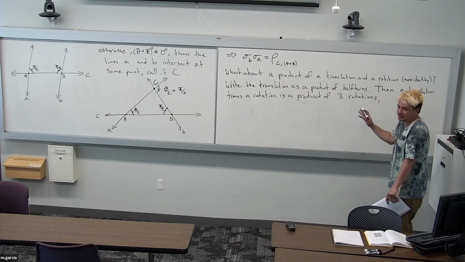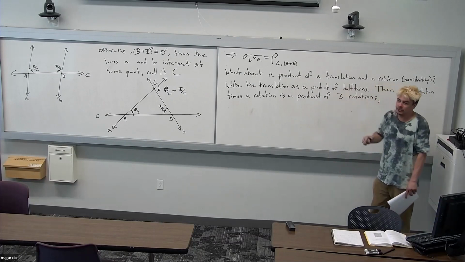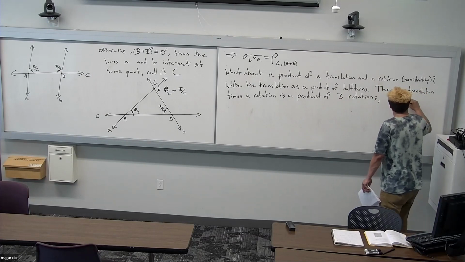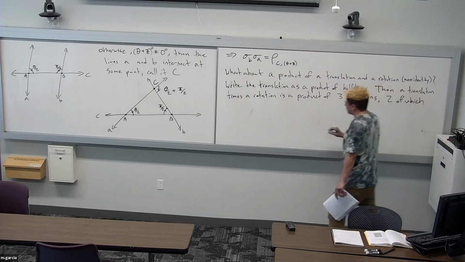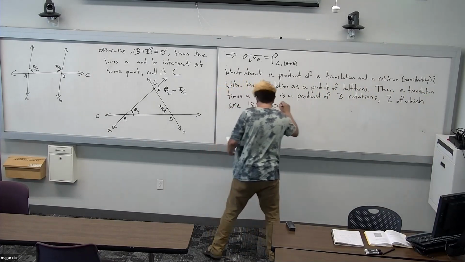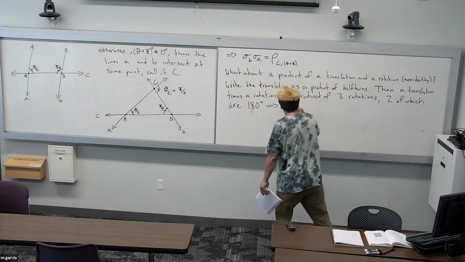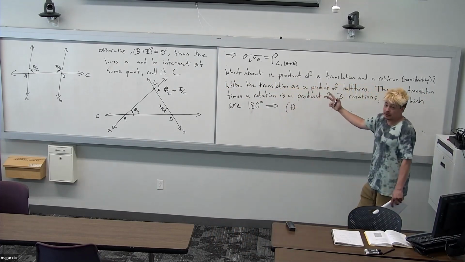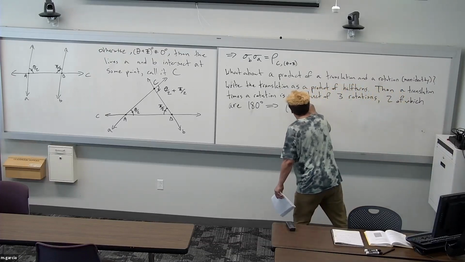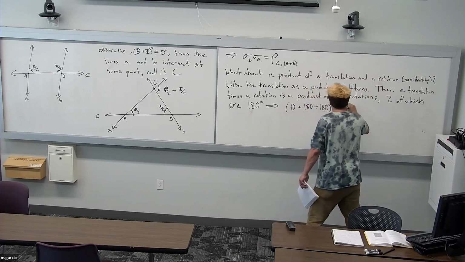And it's a particularly easy case because we know that half turns are both rotations of 180 degrees. So by the angle addition theorem, this isometry, the product of translation and rotation, is theta plus 180 plus 180 degrees, which is just theta degrees.